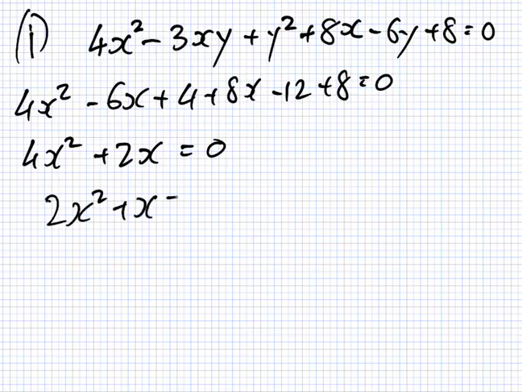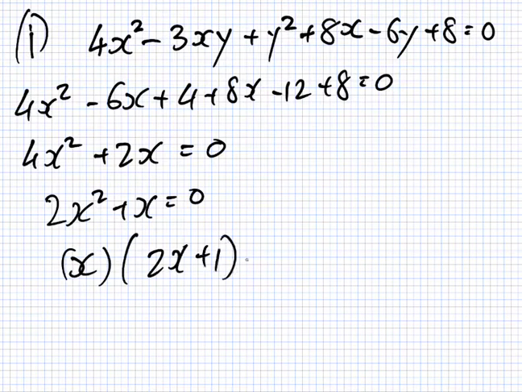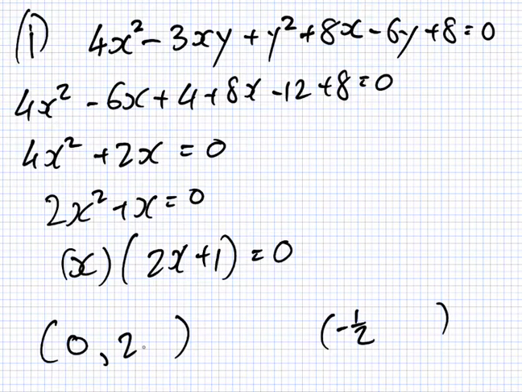Happy days. So now I have x times 2x plus 1 equals 0. So what are my two answers for x? 0 and minus 1 over 2. And y is 2 in both cases. The first step? I just made y equal 2. They say that in the question. That's all.